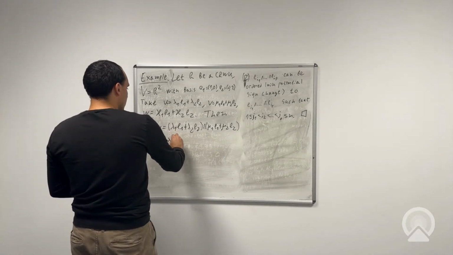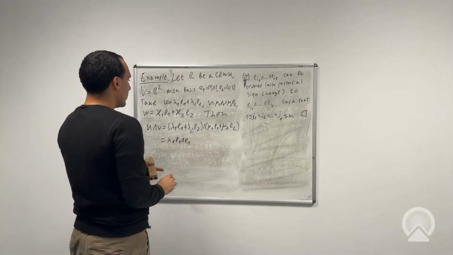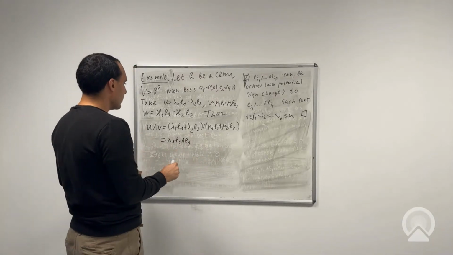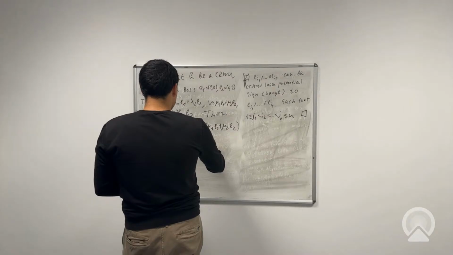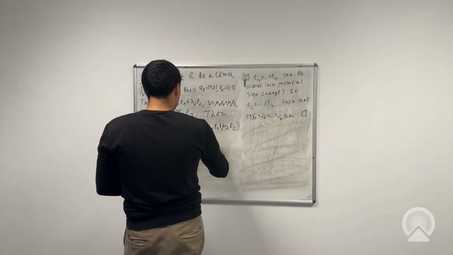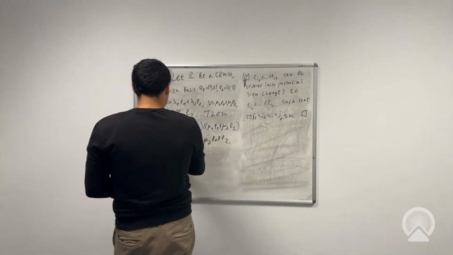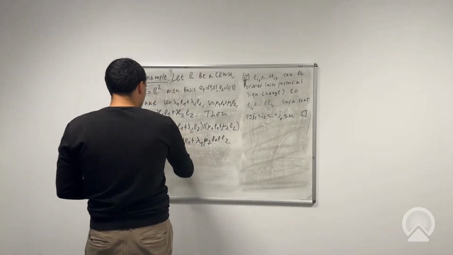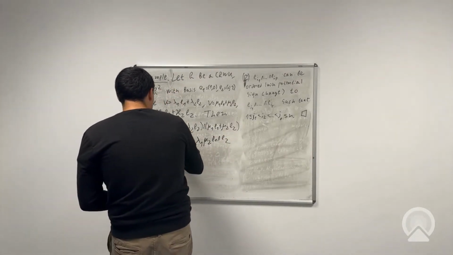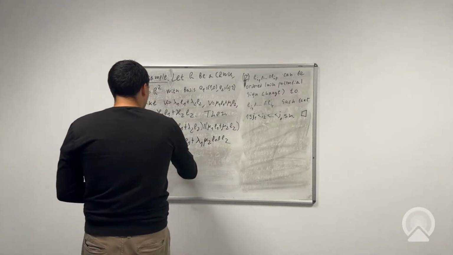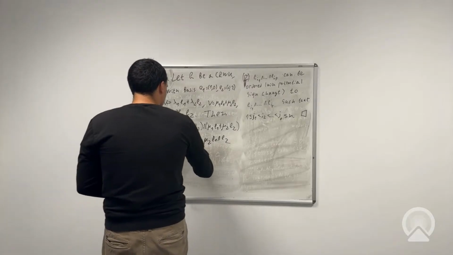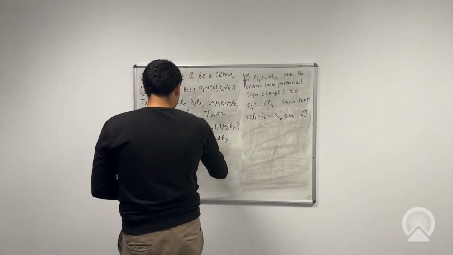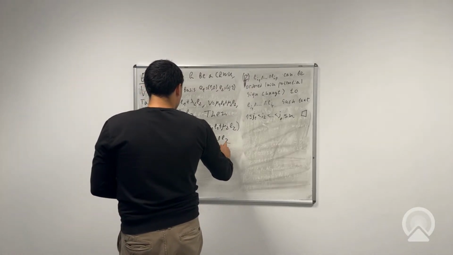And this thing here equals lambda 1 mu1 e1 wedge e1. So this is what I said, I just expanded everything, plus lambda 1 mu2 e1 wedge e2, and do the same with lambda 2. Lambda 2 mu1 e2 wedge e1 plus lambda 2 mu2 e2 wedge e2.